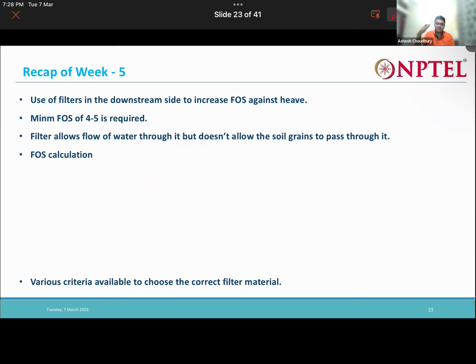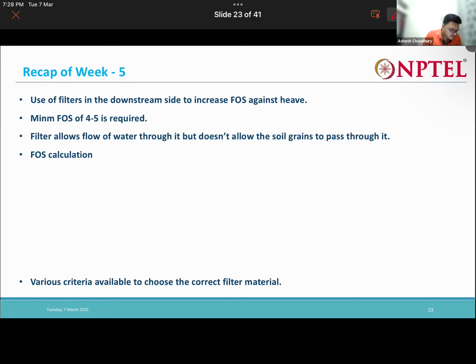So to prevent the soil from coming out, we put filter material, which allows the water to pass but stops the soil material from passing.